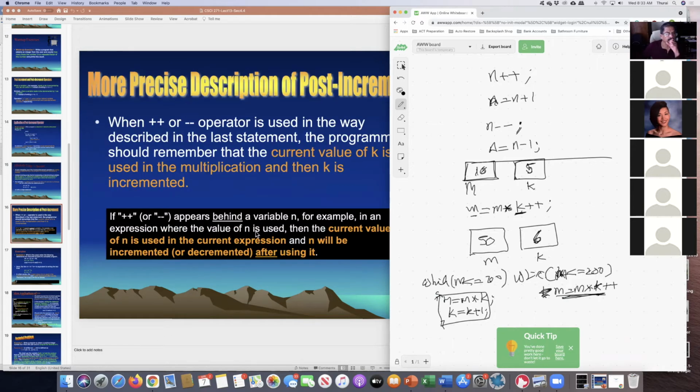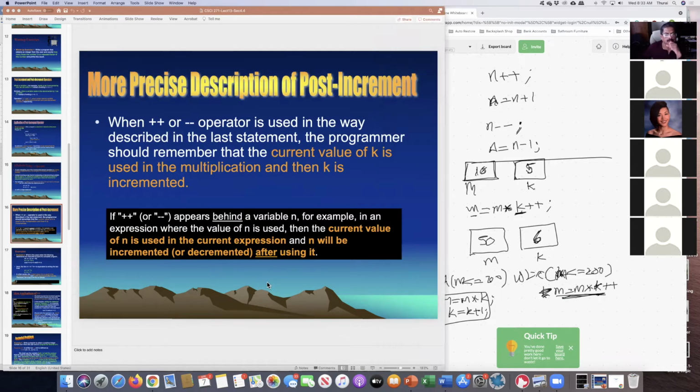Okay, moving on. So the ++ operator written behind the variable means use the current value in the current expression and then change the value of that variable. So if n has a ++ or -- behind it, that means use the current value of n in the current expression, then change the n.